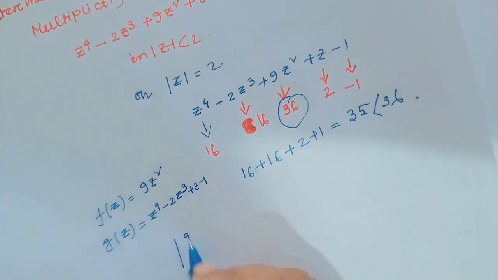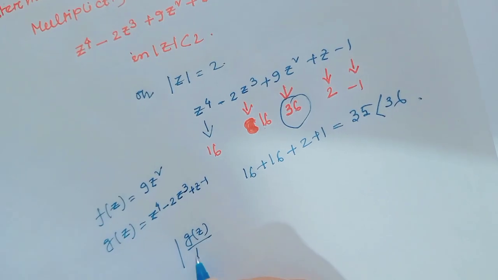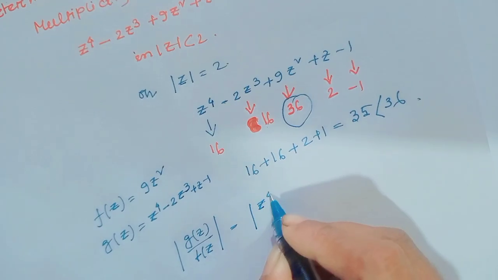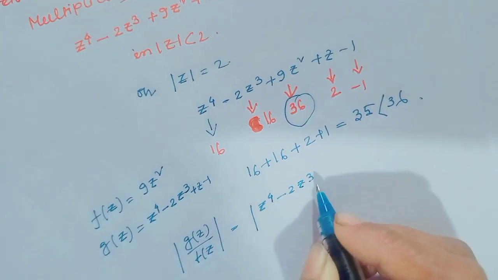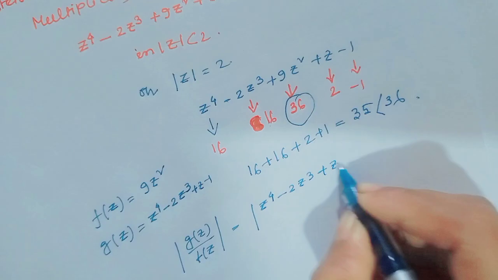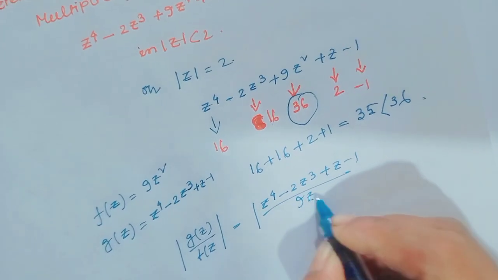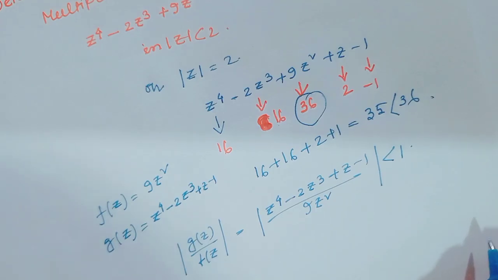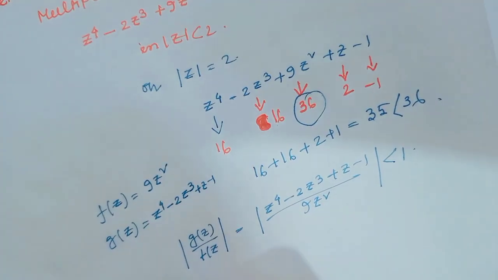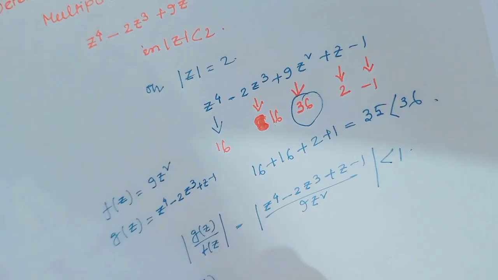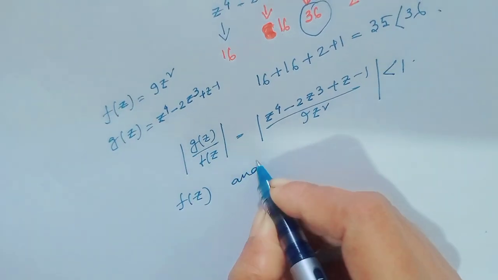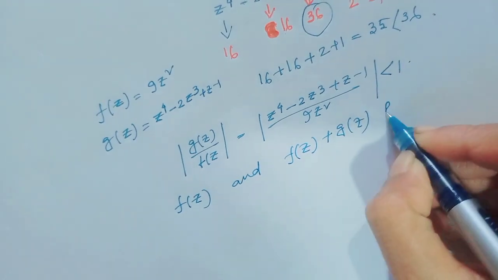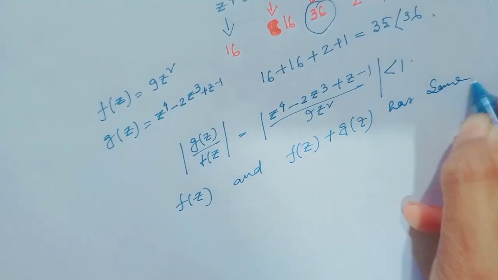And notice mod g(z) over mod f(z), this value is z to the power 4 minus 2z cube plus z minus 1 over 9z square, this value is less than 1. Therefore, by Rouche's theorem, f(z) and f(z) plus g(z) have the same number of zeros.